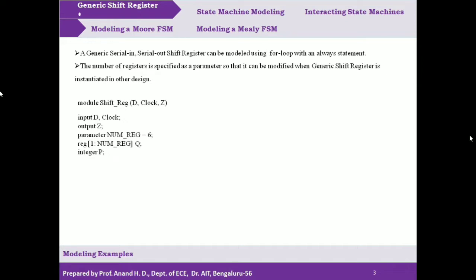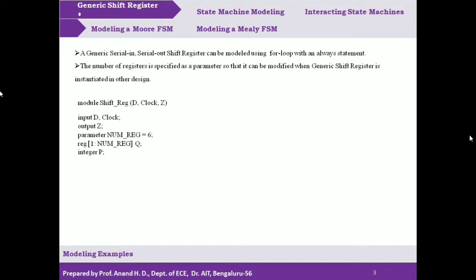Then we have one more variable q which is of type vector, and its size is 1:num_reg, that is 1:6. We should recall that the size of a vector can be declared in two ways, either from high to low or from low to high. If it is high to low, it is little endian representation, and if it is low to high, it is big endian representation.